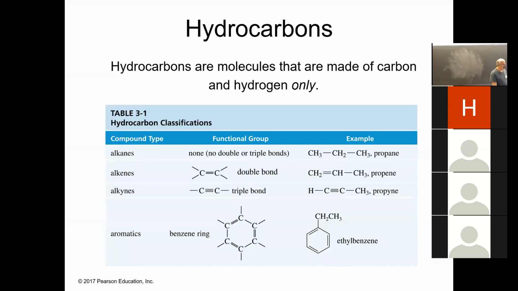Okay, in the previous PowerPoint presentation, we went through the classes of hydrocarbons. So I'm going to skip over that.